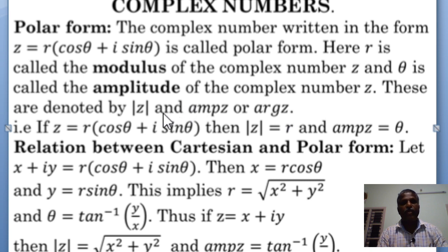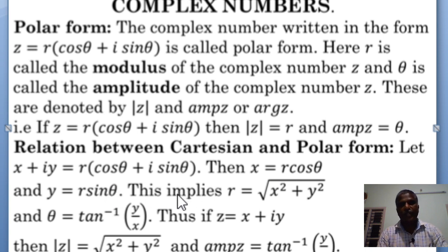Now we have to establish a relationship between Cartesian form and polar form. As we know, the Cartesian form is x plus iy, and the polar form is r into cos theta plus i sin theta. By equating the corresponding real and imaginary parts, x is equal to r cos theta, y is equal to r sin theta.